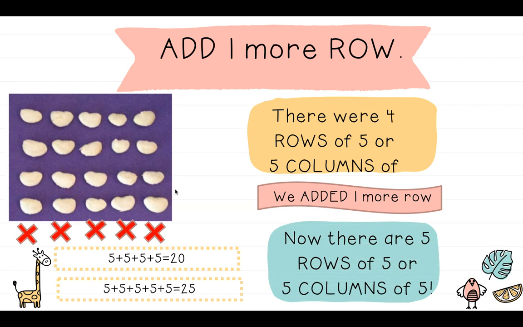So now there are 5 rows of 5 or 5 columns of 5. And in this case, since we added another row, you would use 5 plus 5 plus 5 plus 5 plus 5, which equals 25.